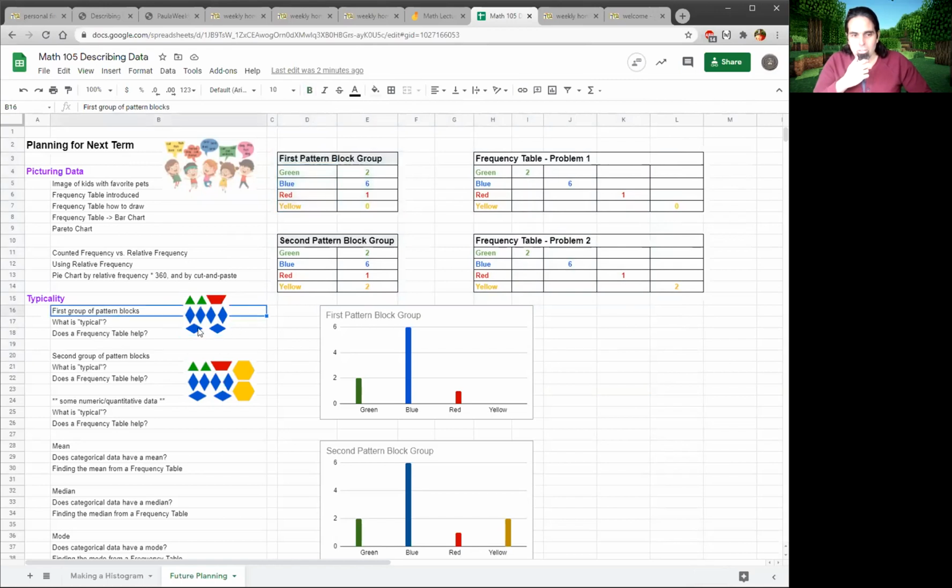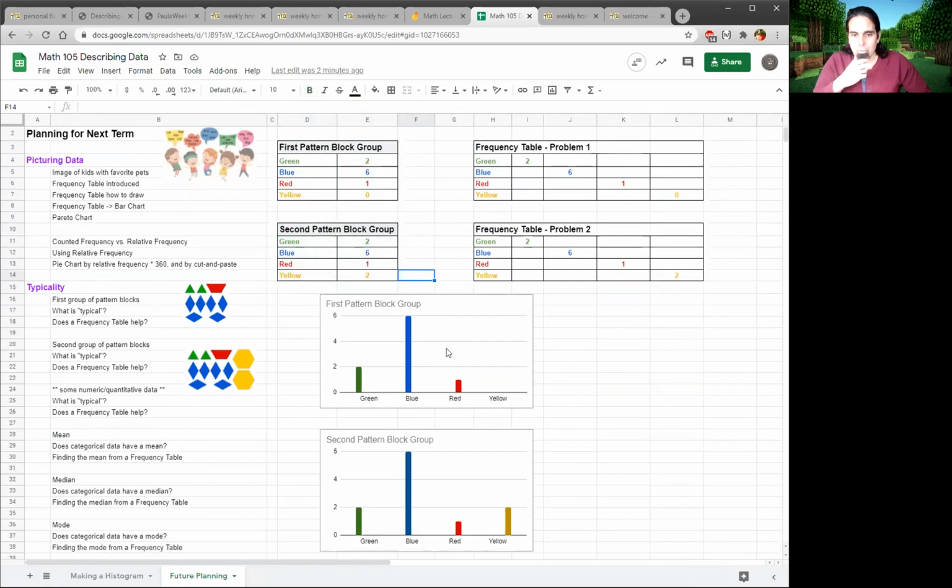It's even less clear because it's sort of true that two green blocks is a blue block, or 3 green is a red, or 6 green is a white, and you don't see that at all in the frequency table. If I made it a bar graph, that's not any better. It might help you say that there's not really enough reds to care about, but you could see that just as well from looking at the picture.